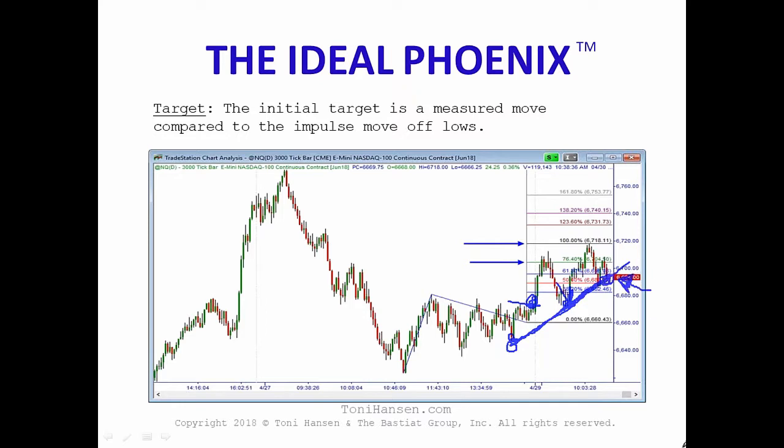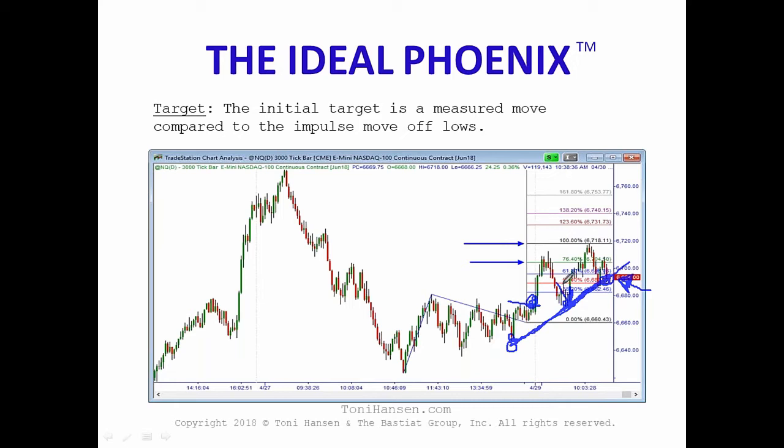That's kind of like your last resort exit. If you miss getting out and taking gains at any earlier spot, that would be your last resort exit. This pattern is done for. Don't try to hold for any more because it's going to put in a larger correction.